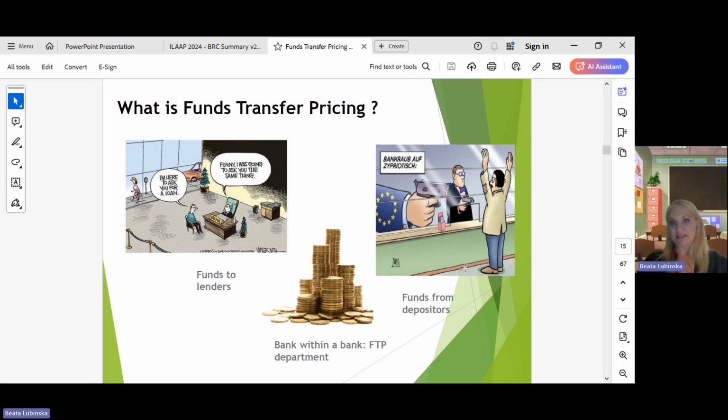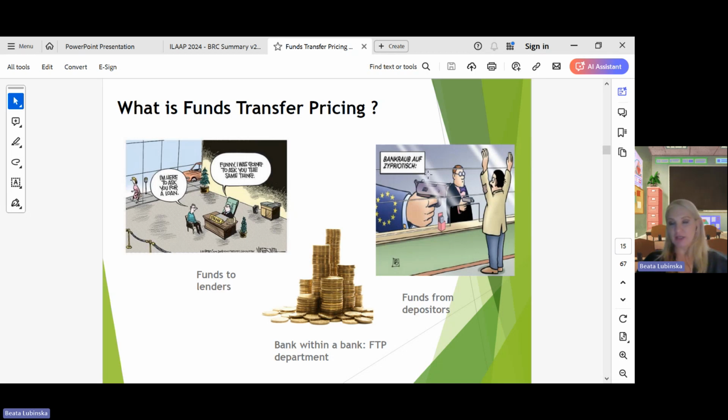But as already said, given that they are providing liquidity to the bank, they have to be remunerated for this activity. And as such, they are recognized the liquidity value from the central unit in terms of the FTP rate.